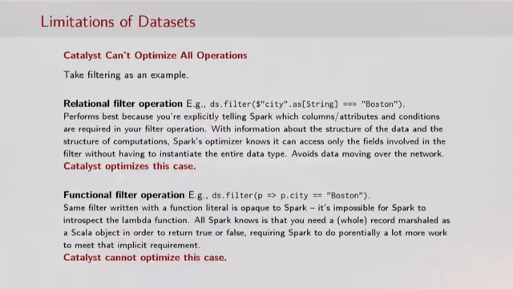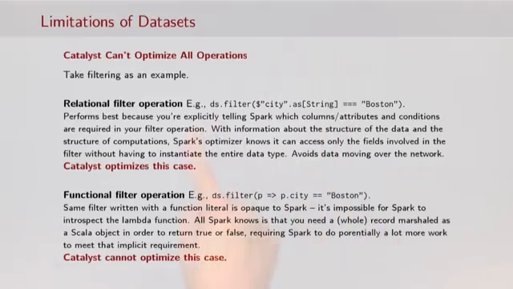To be a little bit more concrete, relational operations tend to be more performant and able to be easily optimized by the Catalyst Query Optimizer, because with information about the structure of the data and the structure of the computations, the Catalyst Optimizer knows it can access only the fields that are involved in, for example, a filter.